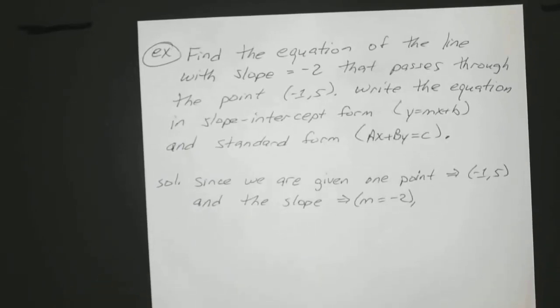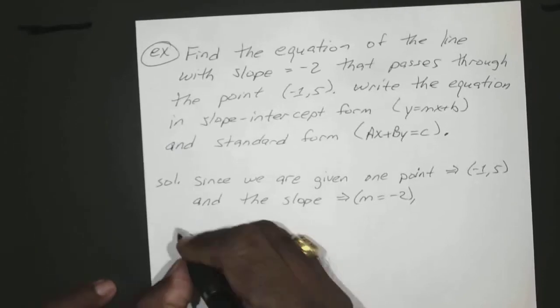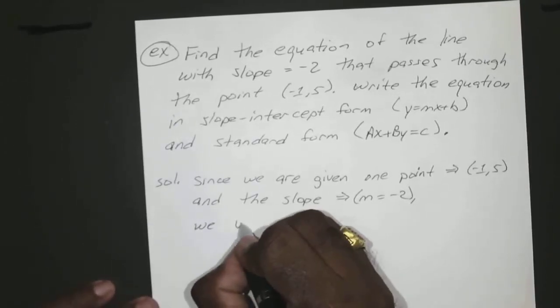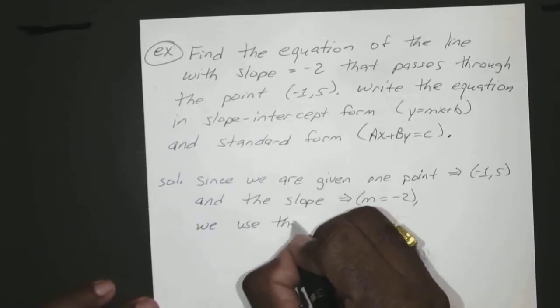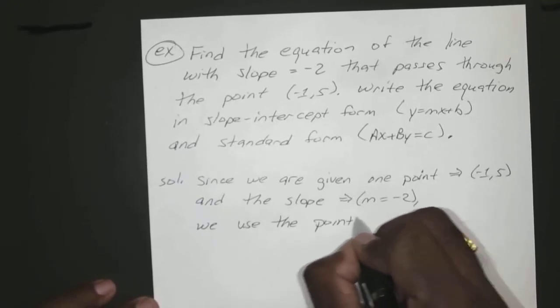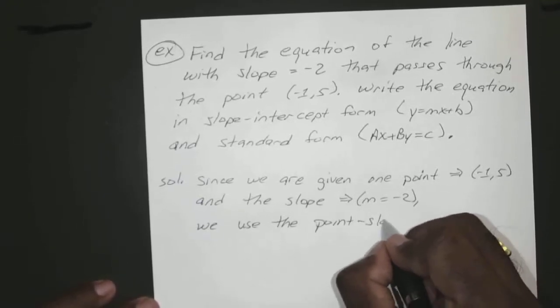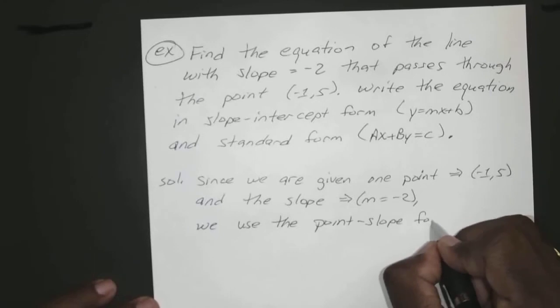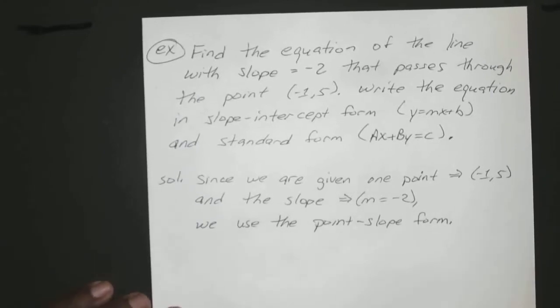We use the point slope form. Okay, so you can always tell what to use by what they give you.